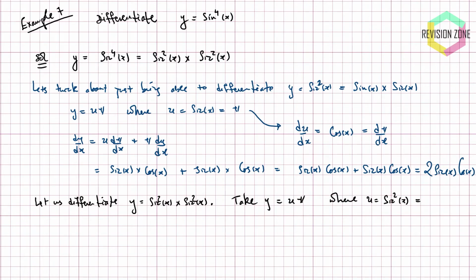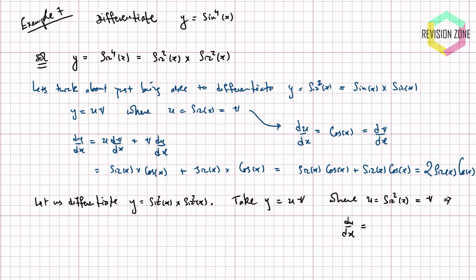Okay, I do that. Now, what's interesting here is if you see, what I've called my black u, sine squared, is the same thing that was my blue y. Okay, so when I now come to differentiate my du by dx, because I'm going to need that as part of the product rule, that is going to give me the same answer as when we differentiated the blue y, which we got to be 2 sine x cos x, right?